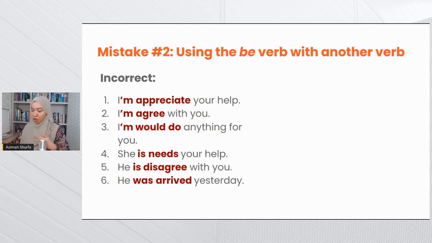Maybe because we don't know. We like, oh, I didn't know that agree is a verb. Appreciate is a verb. Like is a verb. Love is a verb. I would say verbs are confusing and tricky.